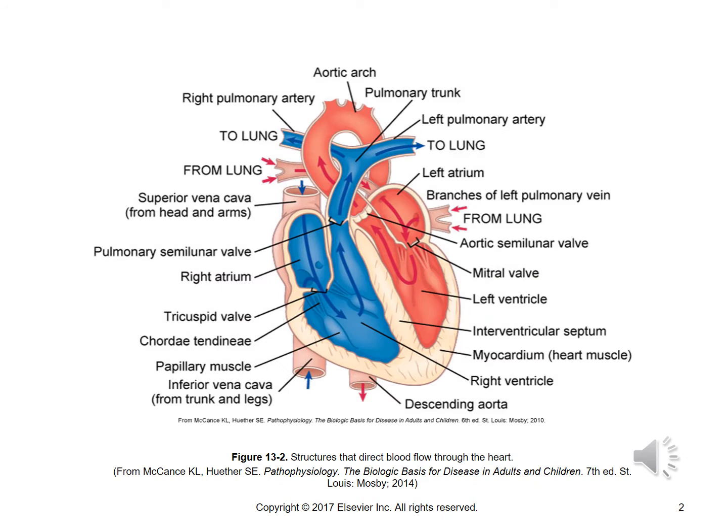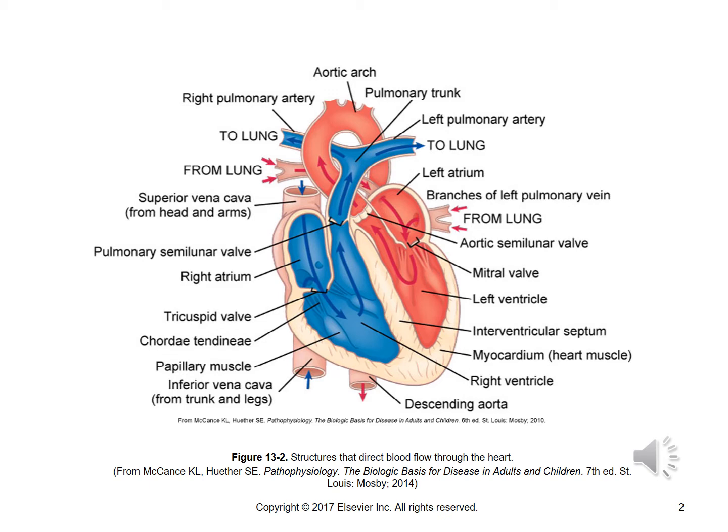It's very important for you to remember or review the anatomy of the heart and the blood flow of the heart. There are test questions in regards to this, so make sure that you're familiar with that. You're familiar with how the blood comes in through the superior vena cava to the right atrium, right ventricle, out the pulmonary arteries to the lungs, coming back through the left atrium to the left ventricle and out through the body.